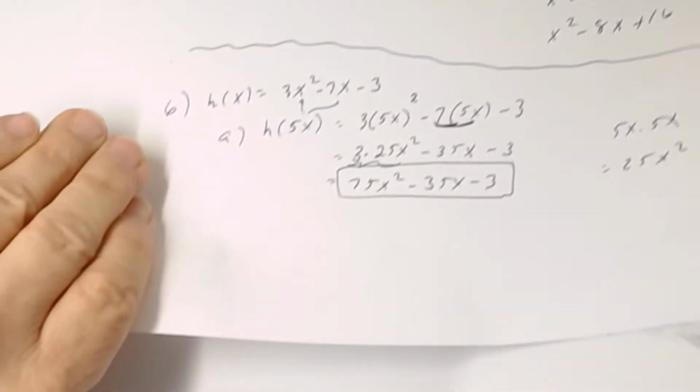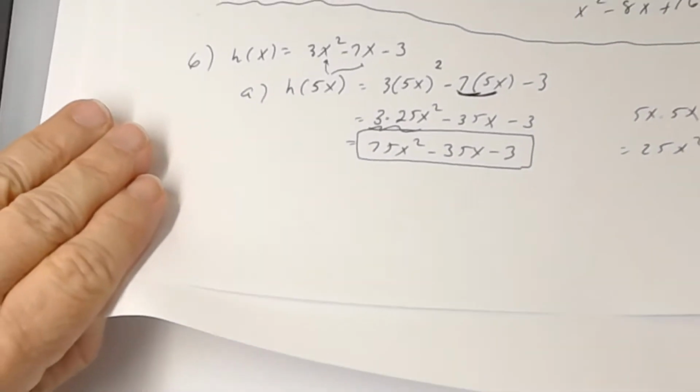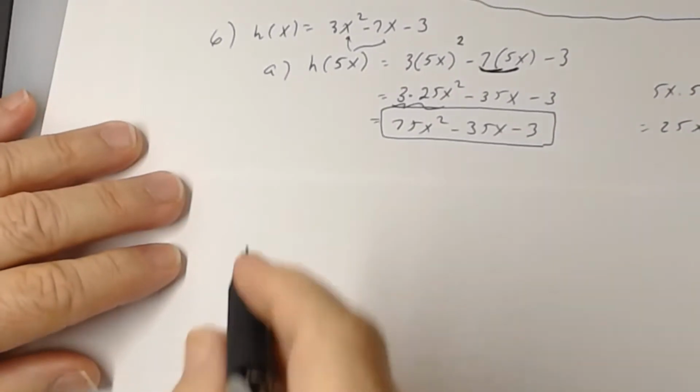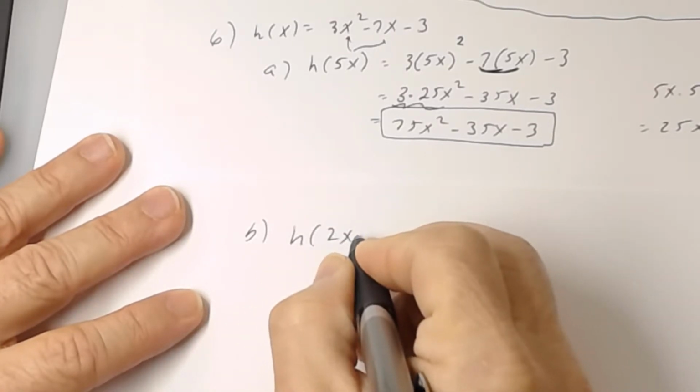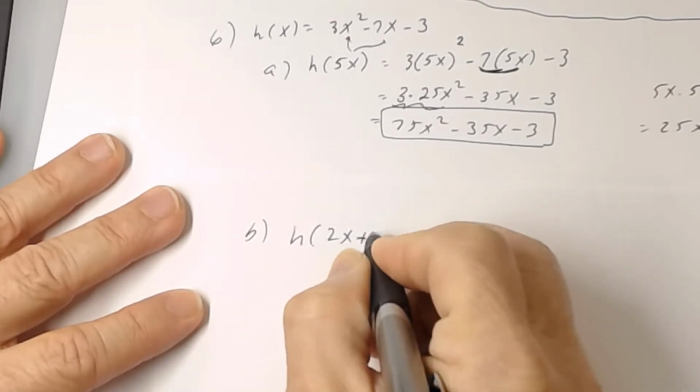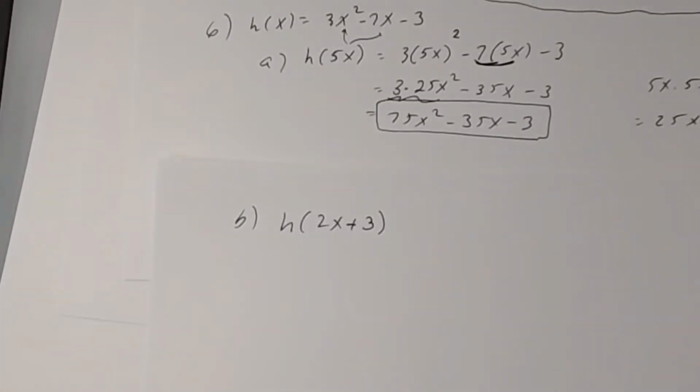Now let's suppose I had part B. Let's suppose part B was this. Suppose I want to find h of 2x plus 3. This time I'm substituting a binomial in there. I won't give you anything with more than a binomial.